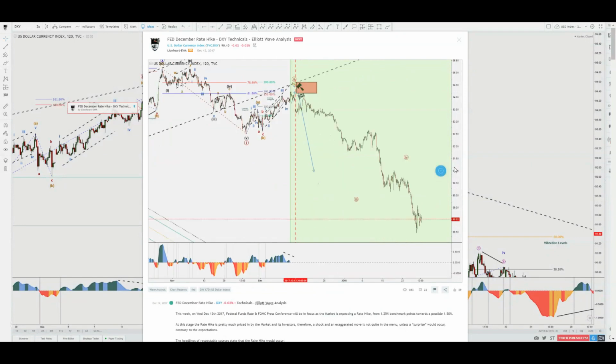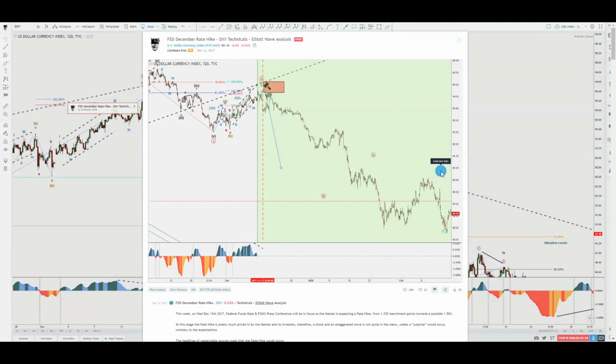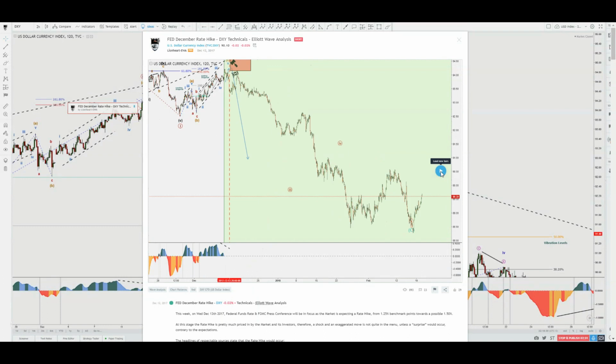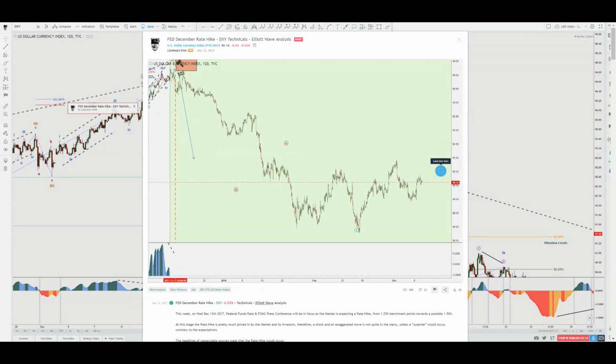But the thing is, right here, what actually happened now? I'm looking at this on the downside as a false breakout, and I'm going to explain to you why I'm looking at it like that.